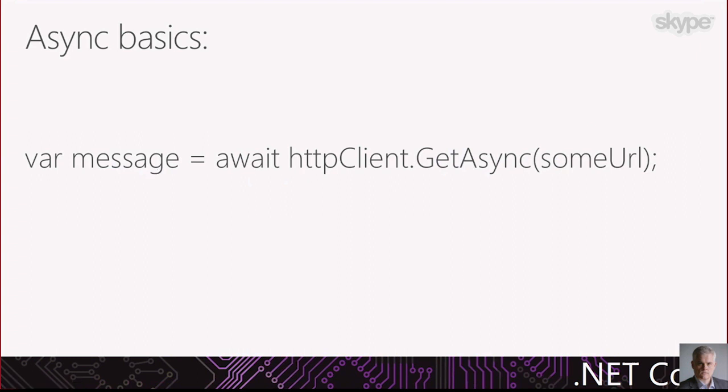And the task object keeps track of the progress and the future value, the result of the operation. It also contains some helper methods that perform async-related tasks, and we're going to look at some of those in just a few moments. So the key takeaway is that whenever you call an async method, you get back a task object.